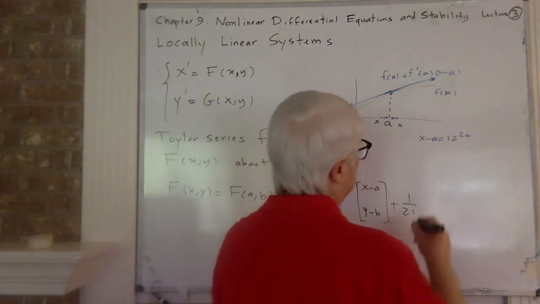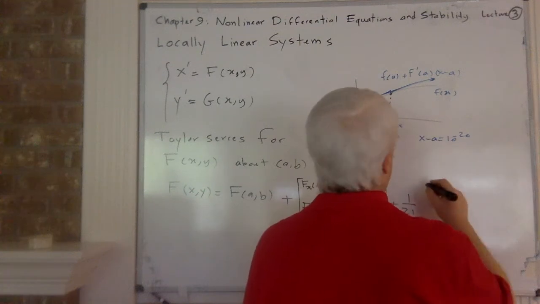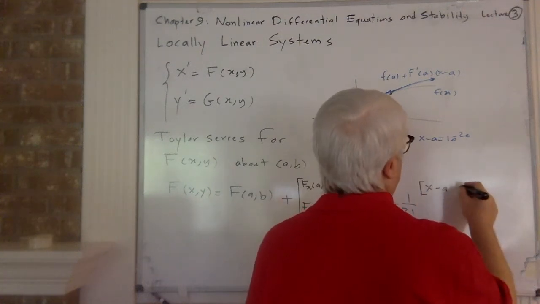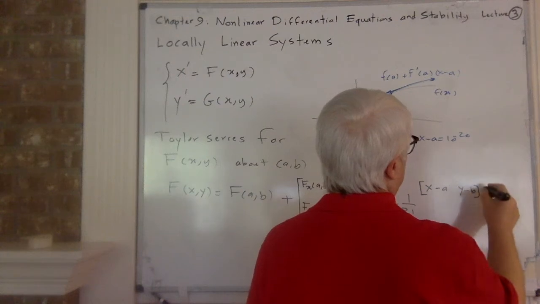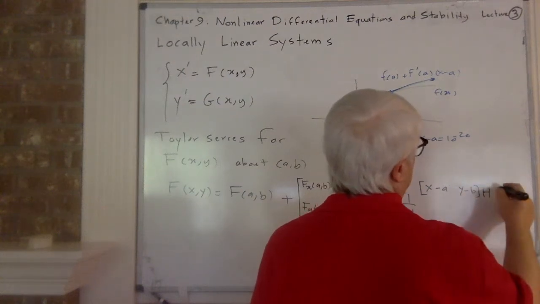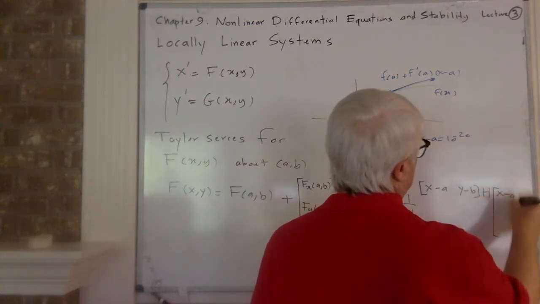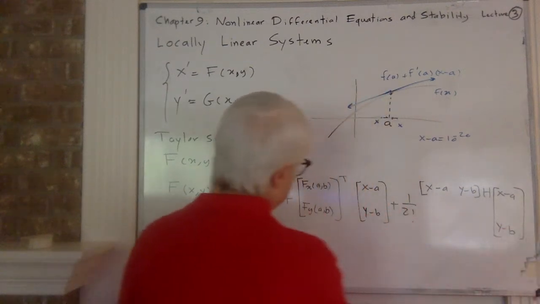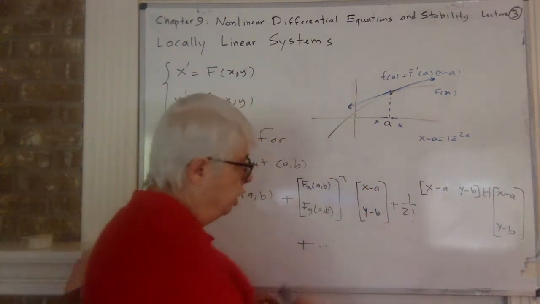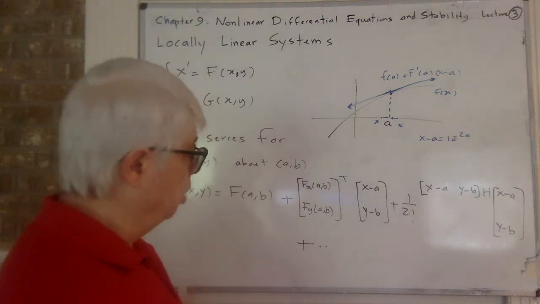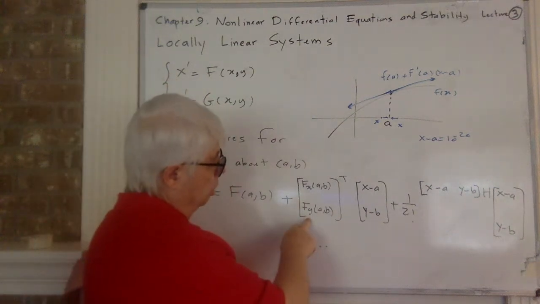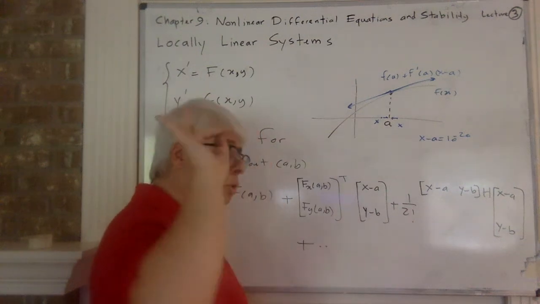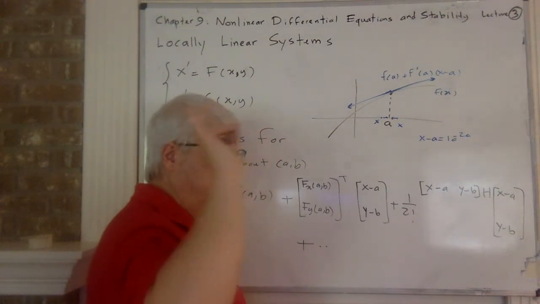So I just put them in a matrix, so in fact that is like this, x minus a, y minus b, times a matrix H, then times x minus a again, y minus b. And the third one, look, over there I have f prime, f double prime, f triple prime. That is the third derivative.